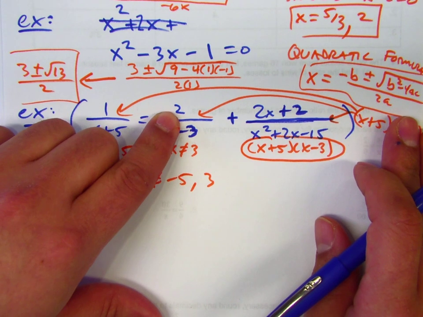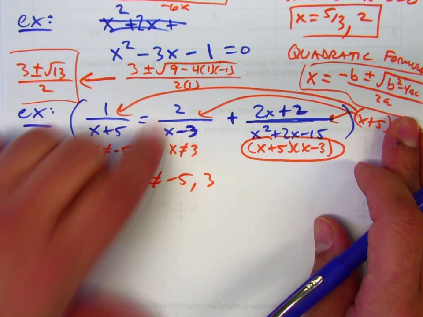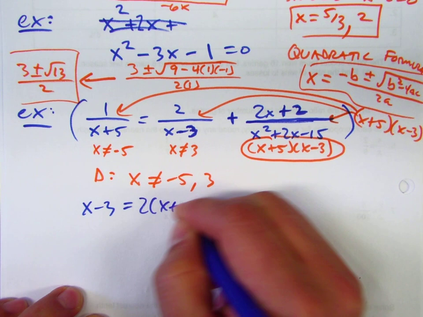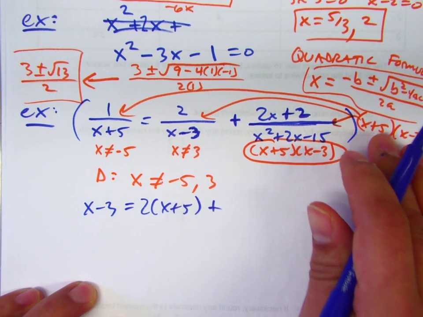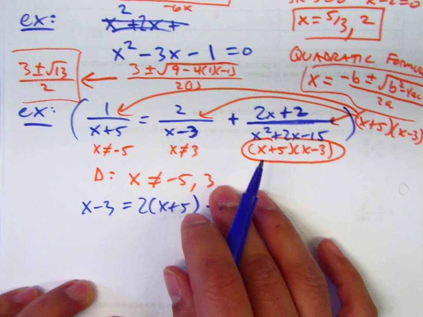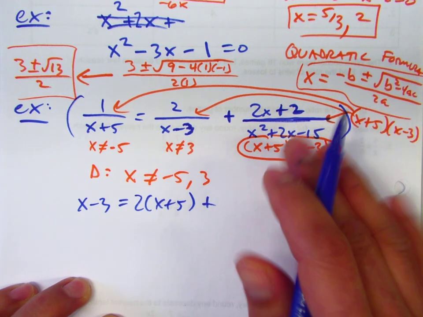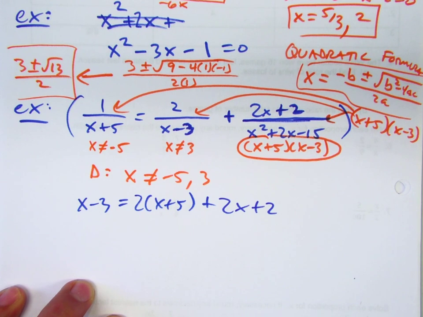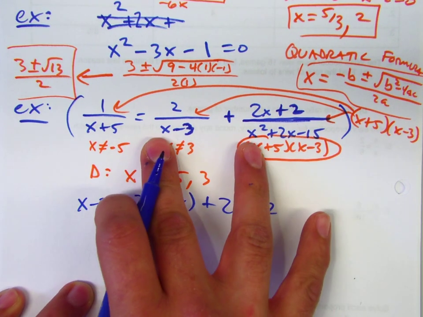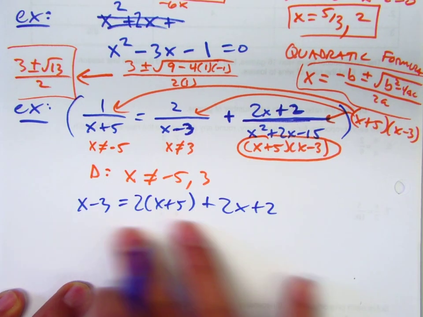X plus 5 and the 2 in the numerator. And now, again, multiply these two factors to this third fraction. What's going to happen? Both of them cancel, so all that's left is 2x plus 2. We've turned something that looks probably a little terrifying into something that's not so bad.